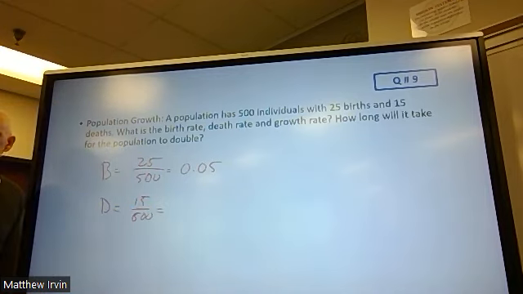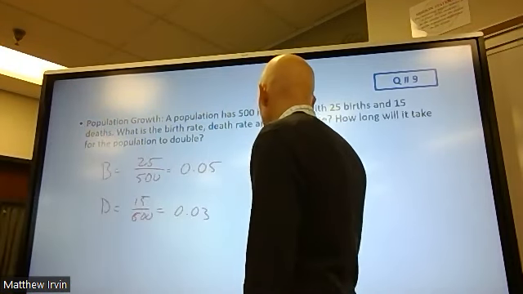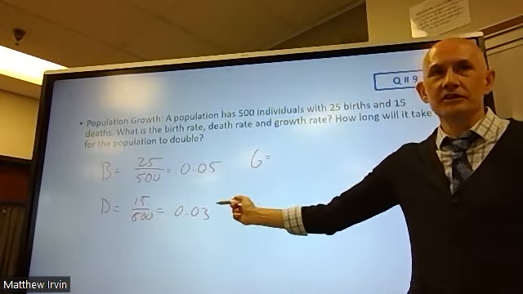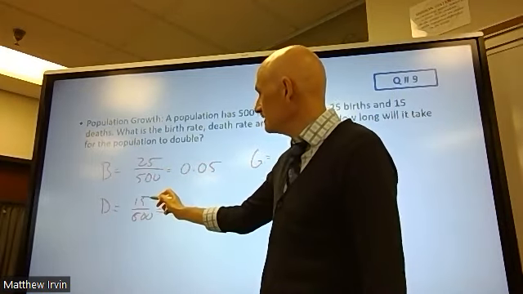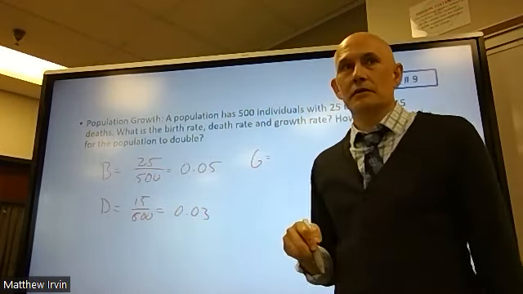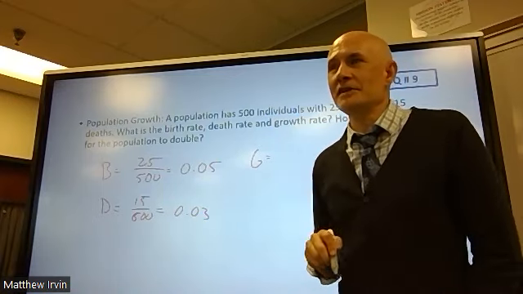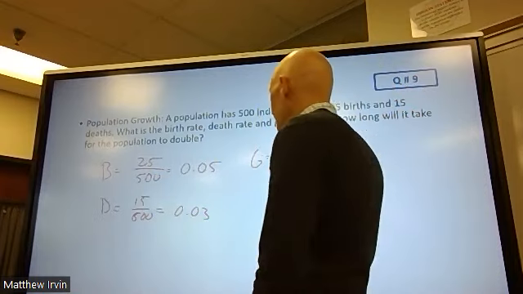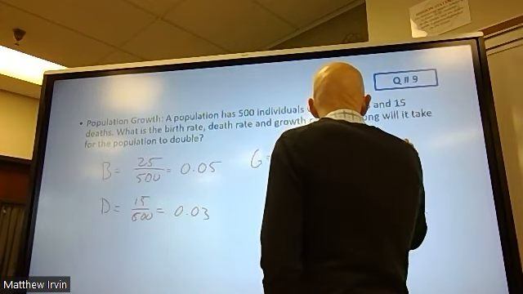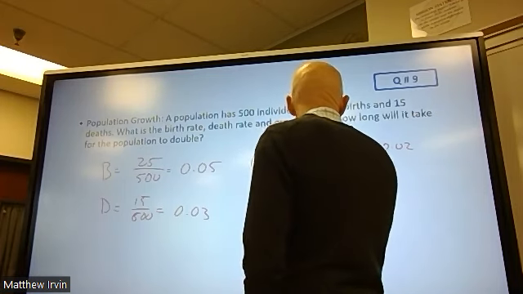How would I calculate the death rate? And that is 0.03. And then I can calculate the growth rate two ways. I could do 0.05 minus 0.03, or I could do 25 minus 15, which would be 10 over 500. But either way, it's going to be 0.02. So do I just write 0.02? No, because on the AP test, we always show our work and how we got there. So we can do 0.05 minus 0.03, or we could have done 25 minus 15 over 500.